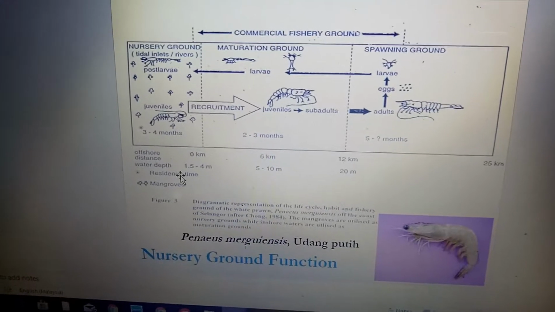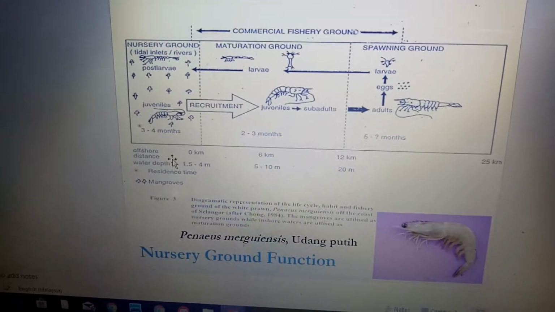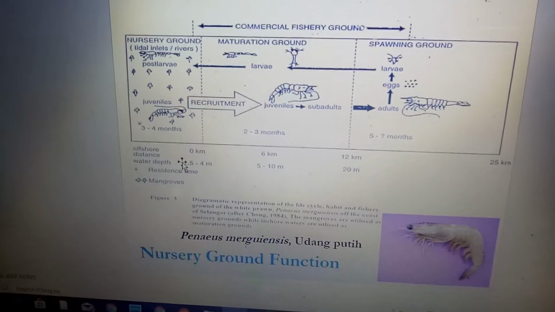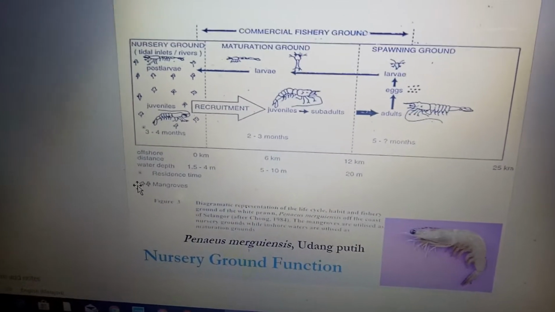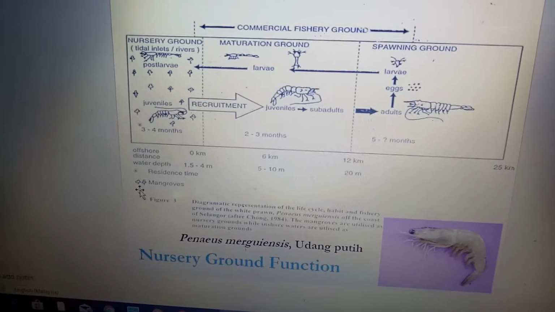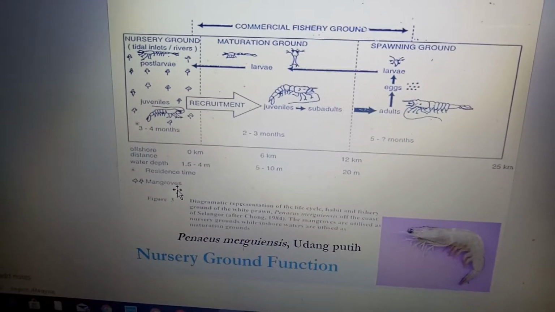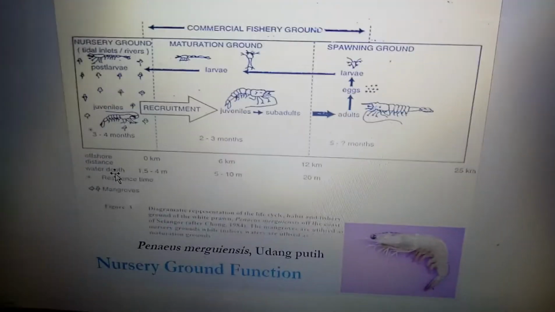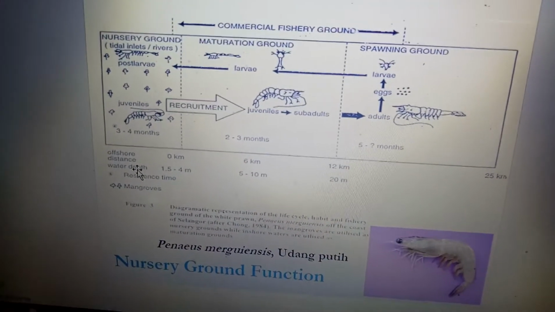For the first area from the left hand side, the offshore distance is about 0 kilometer, with a water depth of 1.5 to 4 meter.